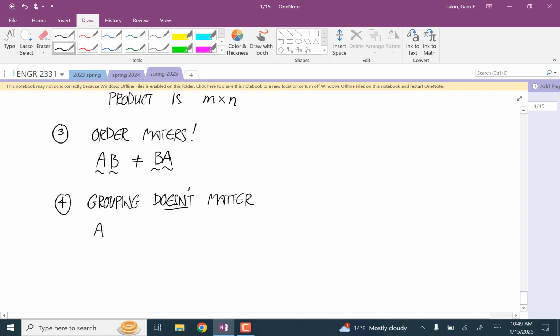So if you're multiplying the matrices A times B times C, you can do that as first doing A times B and then multiplying it by C. Or you can do it as first multiplying B times C and then multiplying what you get times A. You just have to keep their positions the same. You couldn't do B times C and then have A over here on the right. That would give you a different answer.